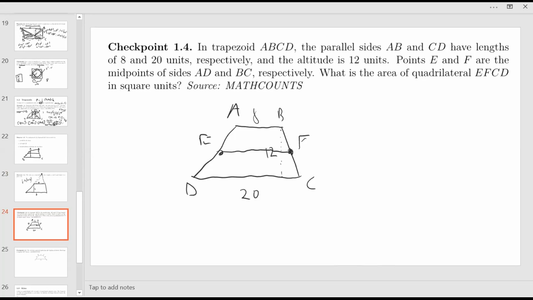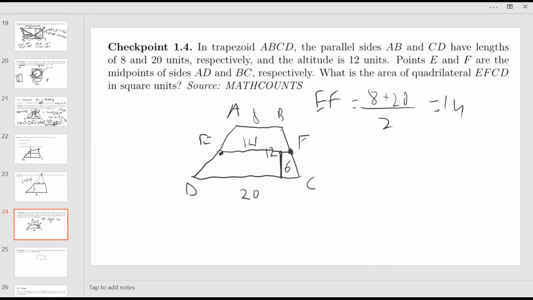So basically, the problem is asking for the area of EFCD in this following diagram. So, and 12 is the altitude. So basically, by similarity in the mid segment, EF is just a mid segment. So we know this height is 6, and we know that EF is just the average of the two bases. So that's just 8 plus 20 over 2, which is 14.